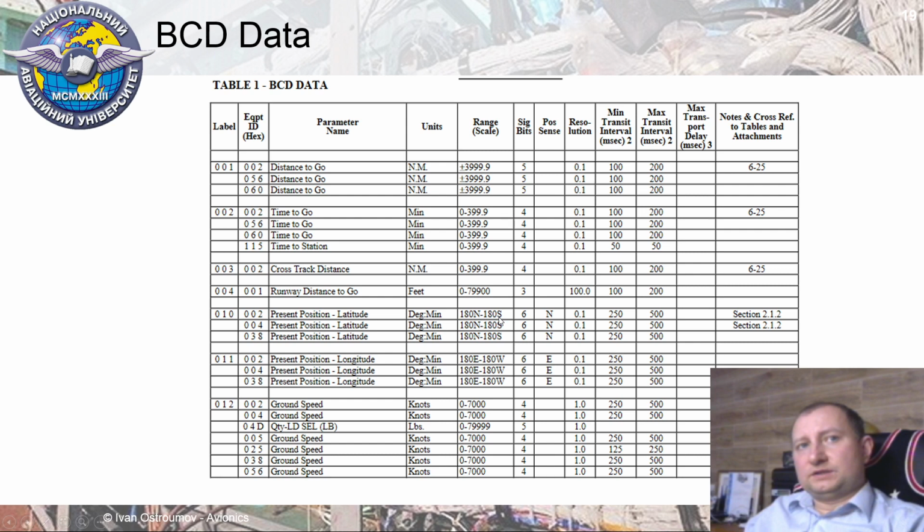Then we see that it uses the north direction to get position sense. We see the resolution of data transferring, and we see the minimum interval between transferred data and the maximum. Thus all performance and all characteristics of each parameter are specified in a specific table of this specification.